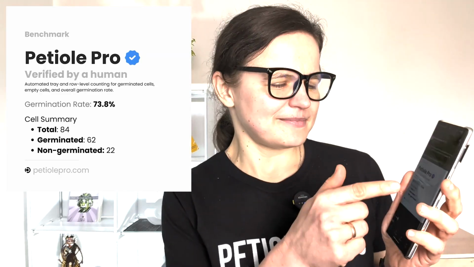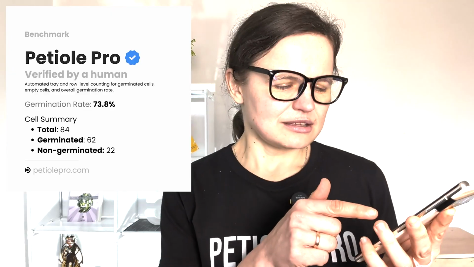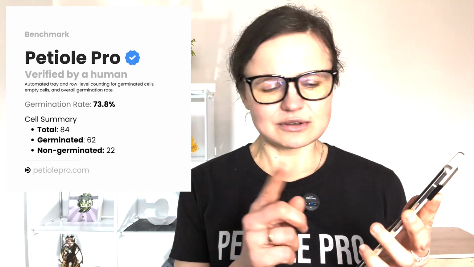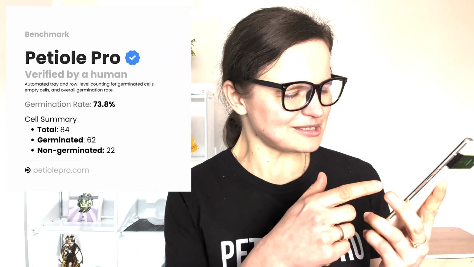Regarding the benchmark, we have taken the same photo, and this is a production level photo, by the way. One of the growers shared these photos with us, and they were just interested whether it is possible to count or not. It is possible to use them, so I decided to demonstrate the example.